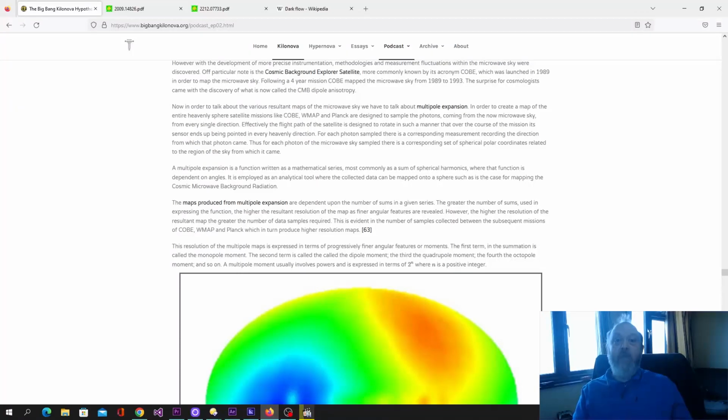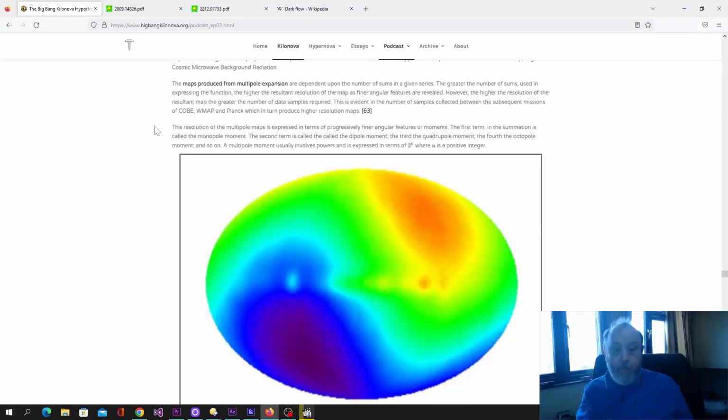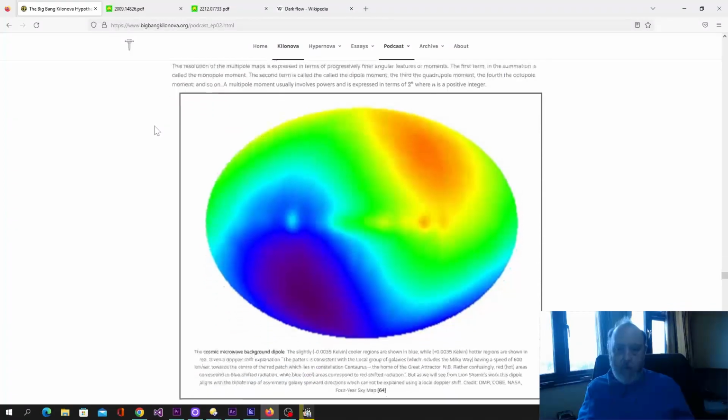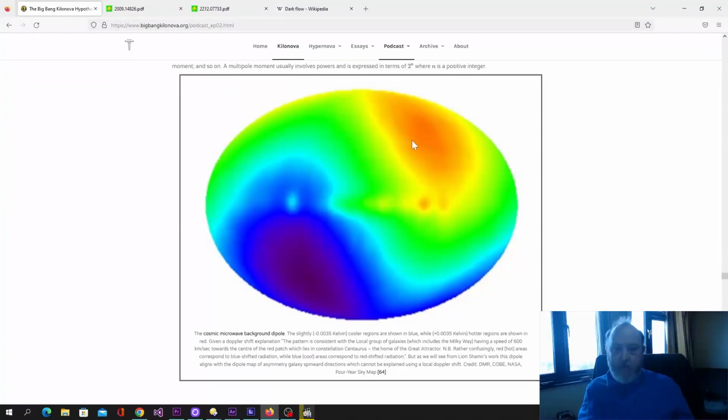But because the microwave sky is mapped to a sphere, the heavenly sphere, which is essentially the night sky that we see, you're looking for the frequencies of standing waves within the plasma, or within the temperature fluctuations.